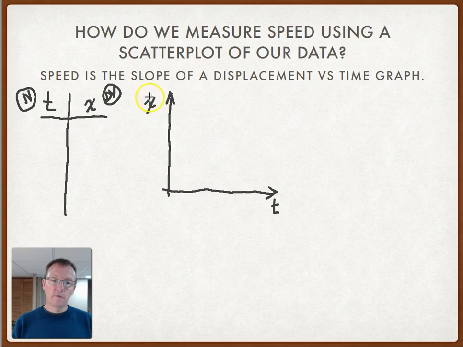Now don't get confused by the fact that this is an x and it's on the y-axis. X means position. This is different than the x-axis, which means horizontal. So don't let that get confusing for you. Again, this is the dependent variable axis, and our dependent variable is x in this case. So don't get confused by that.